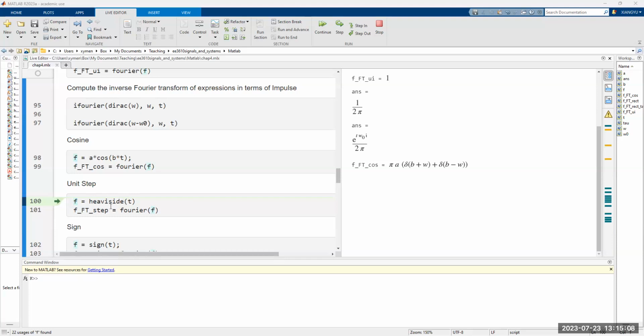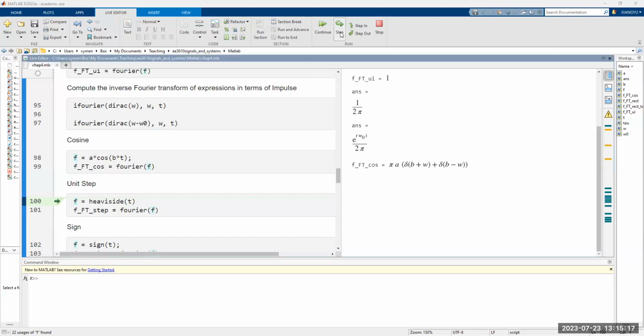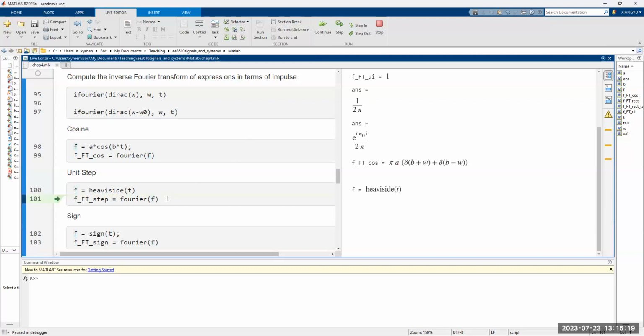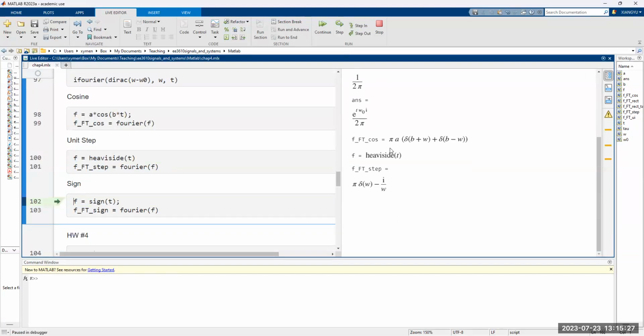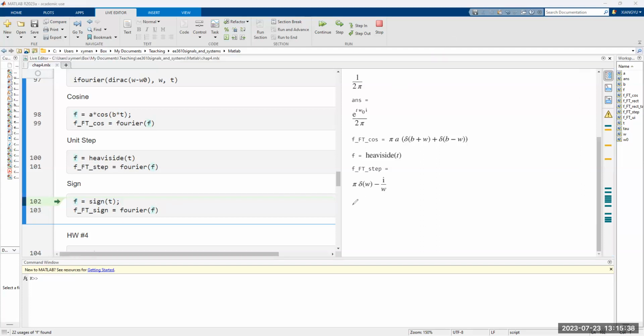Now let's calculate the unit step function. In MATLAB, you can use the Heaviside function to define the unit step function. Then let's calculate the Fourier transform of the unit step function. It's pi delta(omega) minus i over omega. The one I showed you in the slides is pi delta(omega) plus 1 over j omega.